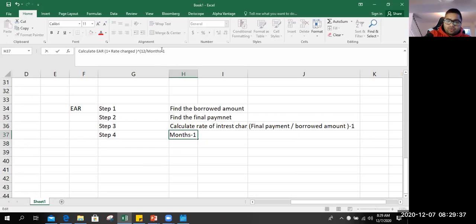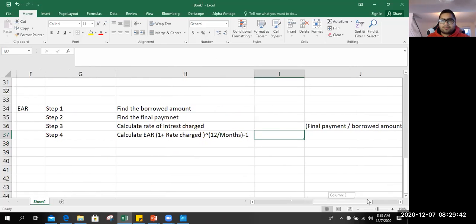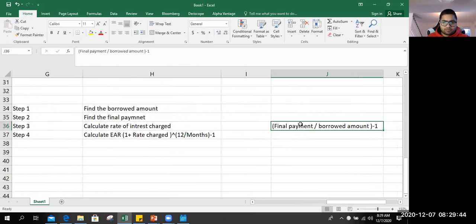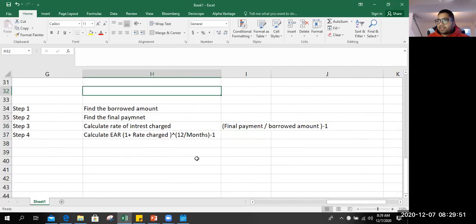So let's do a few examples so that you can understand. These are the steps. So let's say I'm taking a promissory note loan.